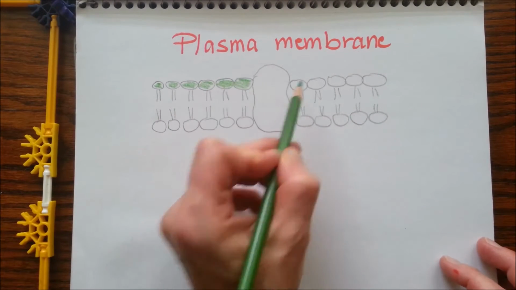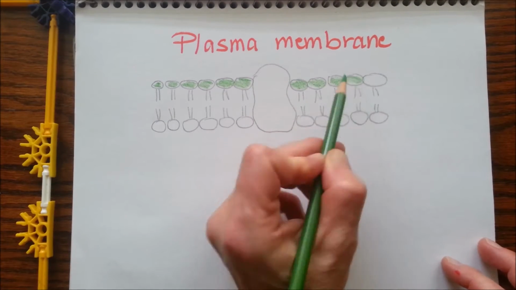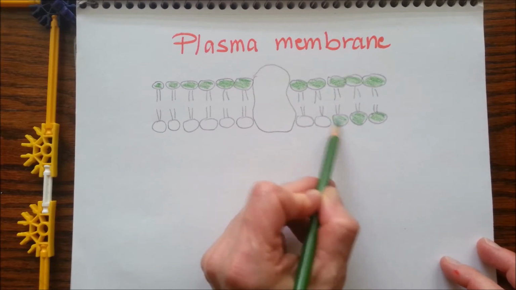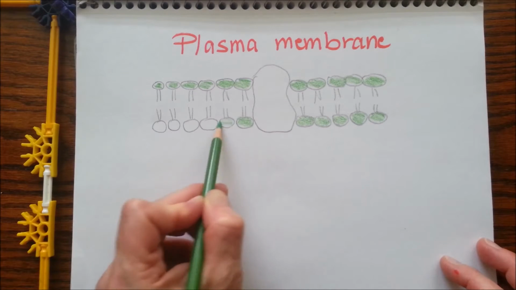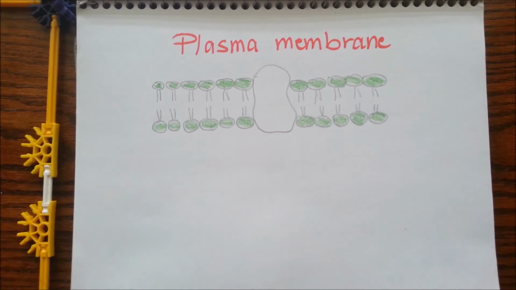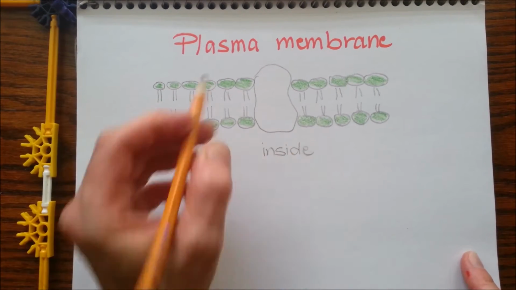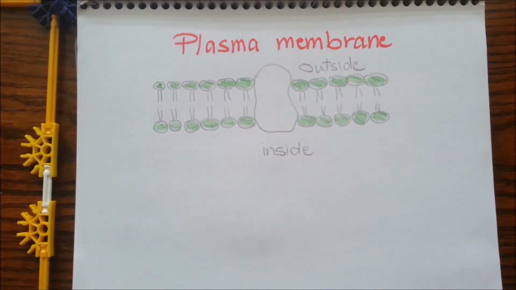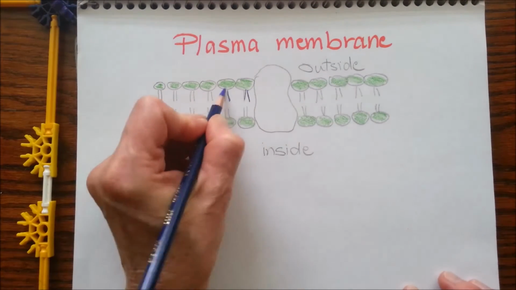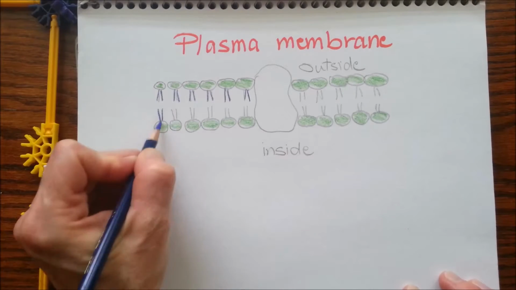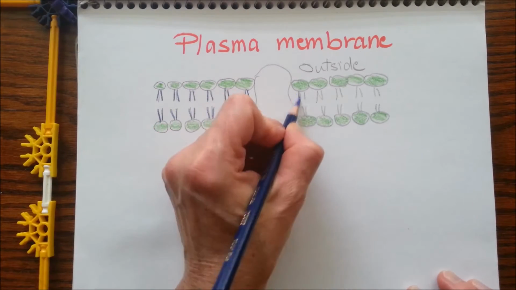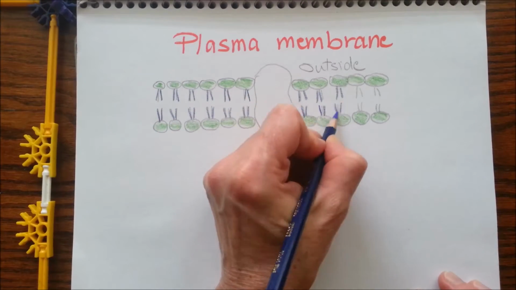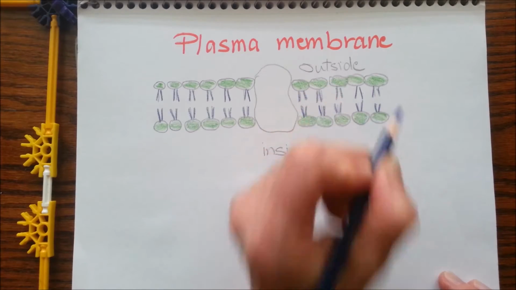The green heads, the blobs, are made up of a phosphate group and glycerol, and they are hydrophilic, so they like the water. On the other hand, the tails of the phospholipids contain two fatty acid tails, and they are hydrophobic, meaning they don't like water.